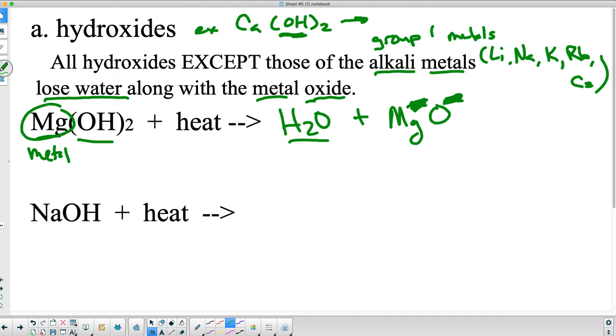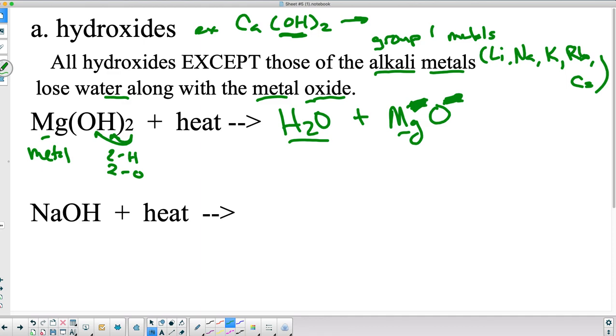I go back and check to see. I'm going to erase some of this stuff because it gets kind of confusing. I have 1 Mg on the right-hand side and 1 Mg on the left-hand side. I have 2 times 1 is 2 hydrogens here. I have 2 times 1 is 2 oxygens here.